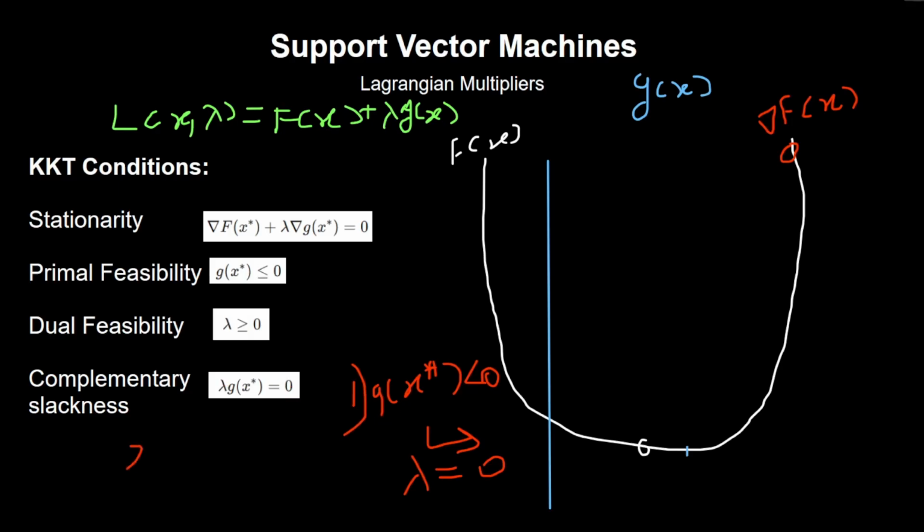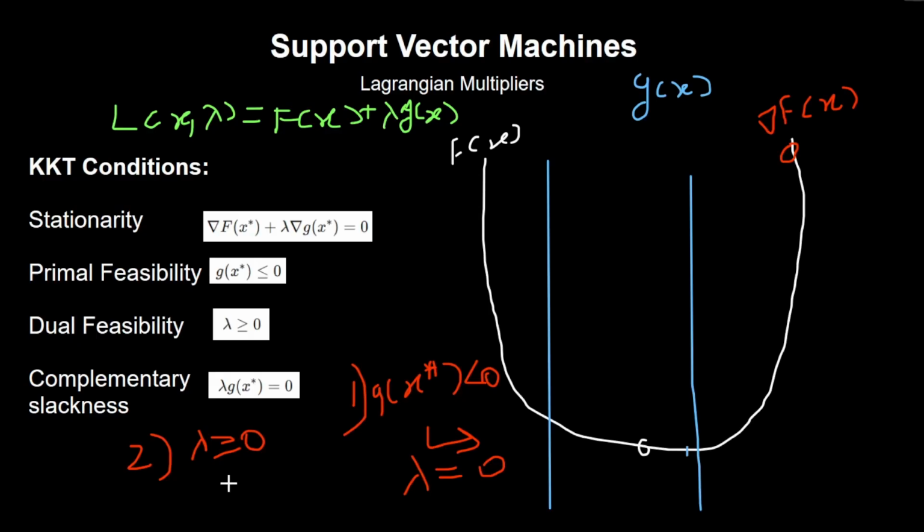But in the other case, when the line was here, there is some force exerted on the ball, so lambda will not be zero. It will be positive, or equal to zero, because it can never be negative with the dual feasibility.